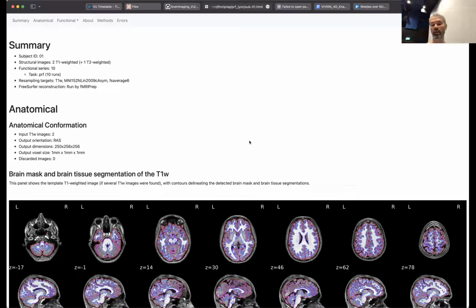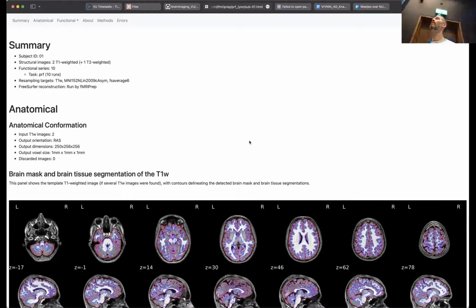So what we're looking at here on the screen is an output of fMRI Prep, and it has run both an anatomical and a functional processing pipeline. Yeah? So what that means is that in the original BIDS folder, there was an anat folder for this subject, for this session. It contained a T1 weighted image, and there were two of them, apparently.